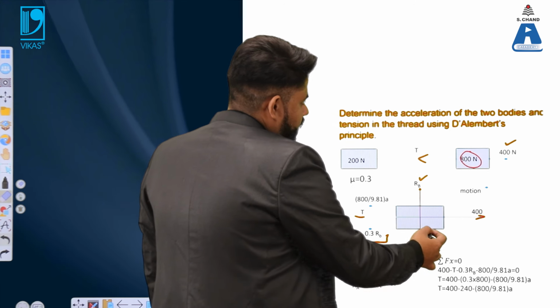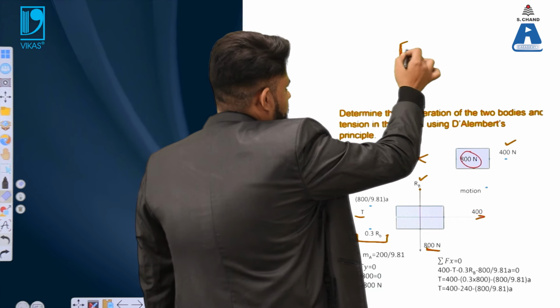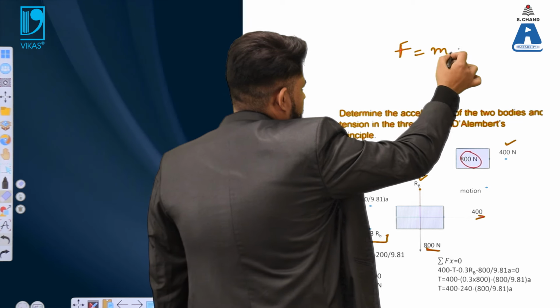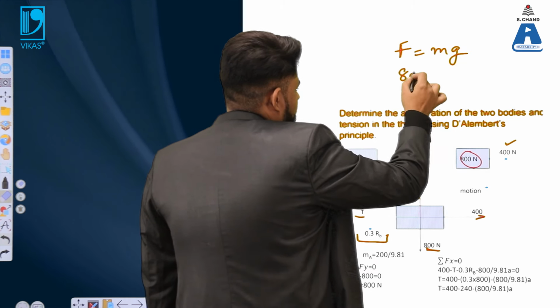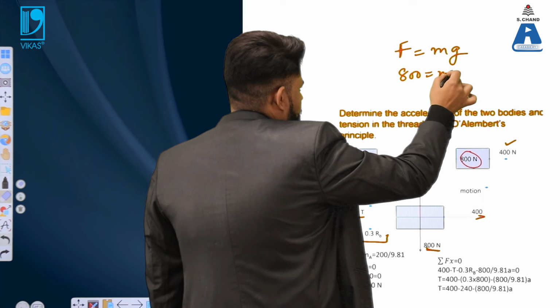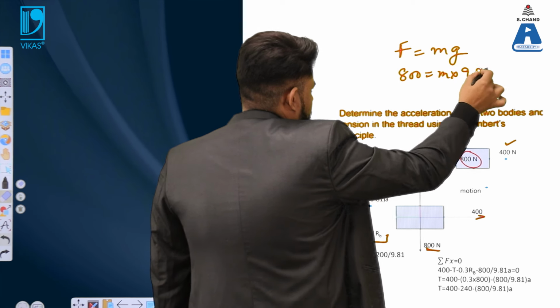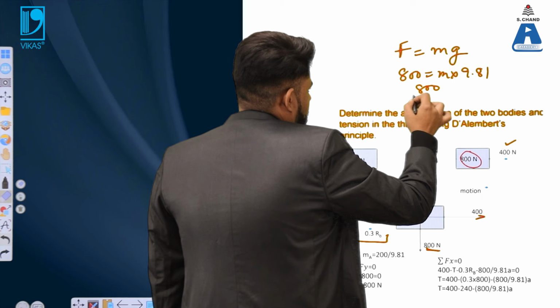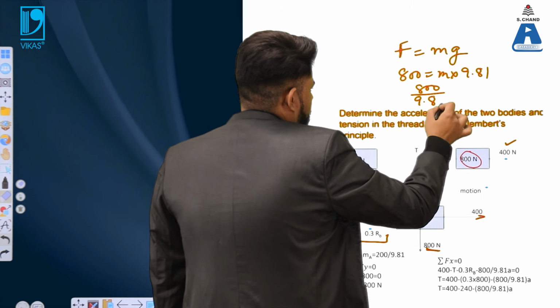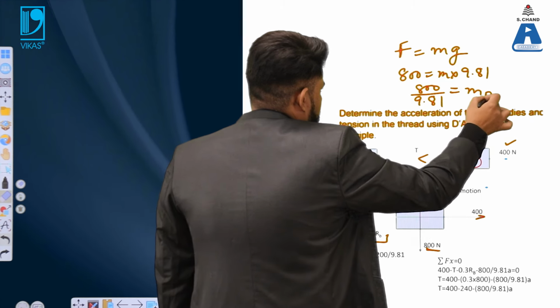You have this 800 value of the force. So, from the general formula F equals mg, F is 800, mass is required, and g is 9.81. So, 800 divided by 9.81 is the value of mass for the B body.